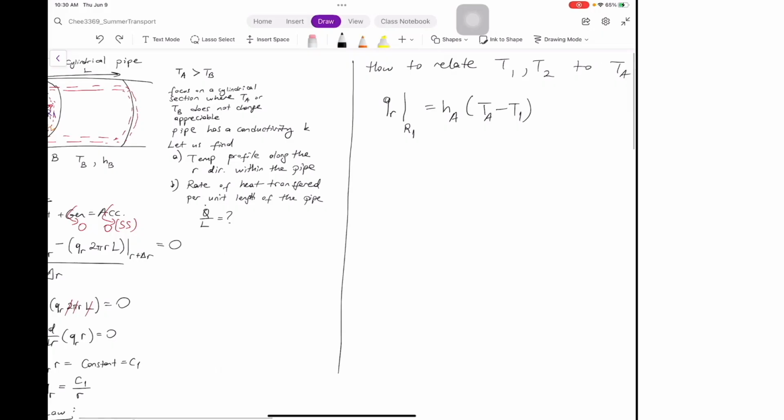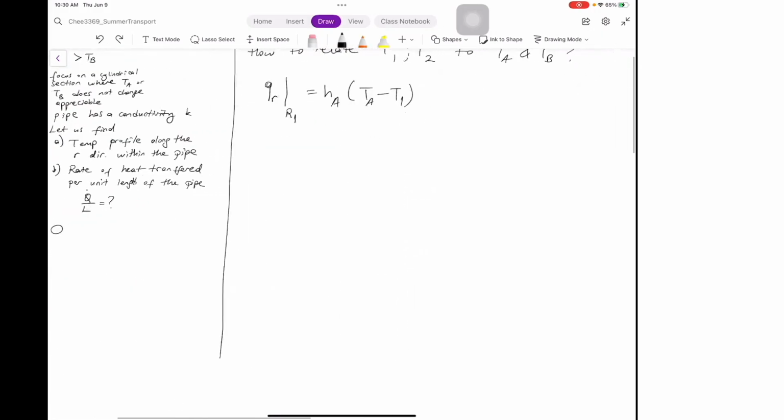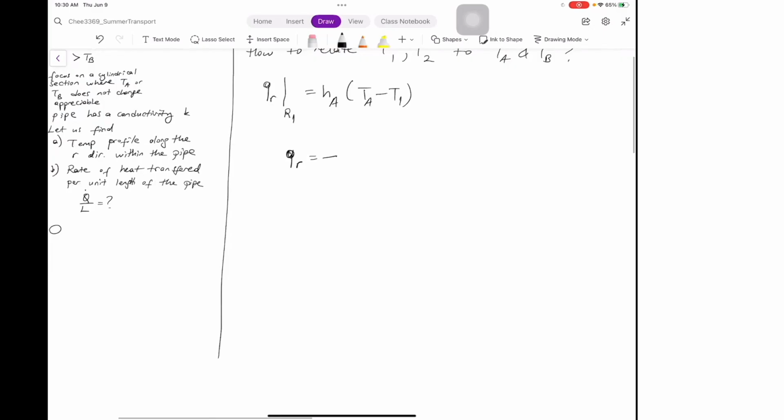there is a reason why we write down, for example, QR is equal to minus K dT over dr, right? Because we say that if the temperature is increasing, I should have the QR towards the negative R direction. I should get a negative sign. That's why.